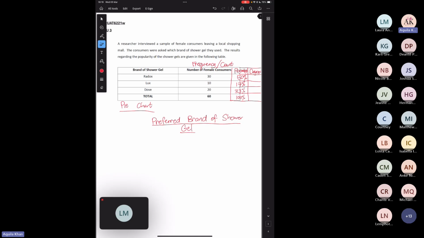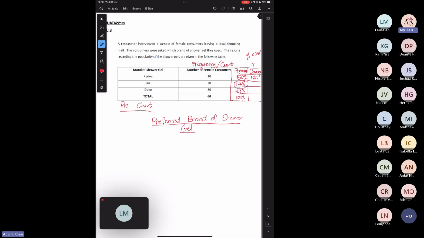And your degrees is where you are simply taking the percentage and multiplying it by 360 degrees, because this is what a circle is, 360 degrees. So 50%, which is your first percentage, multiplied by 360 degrees is 180 degrees.